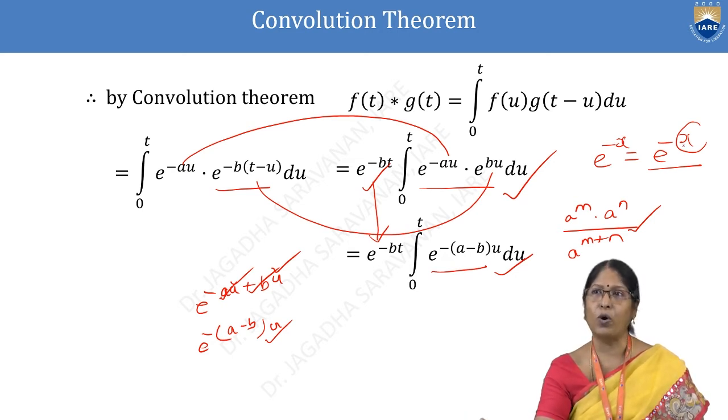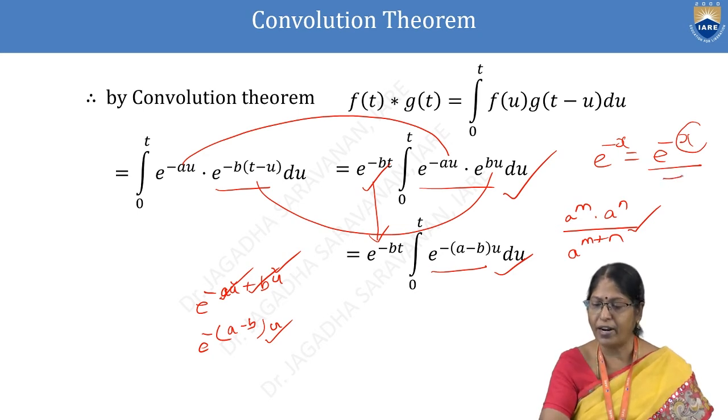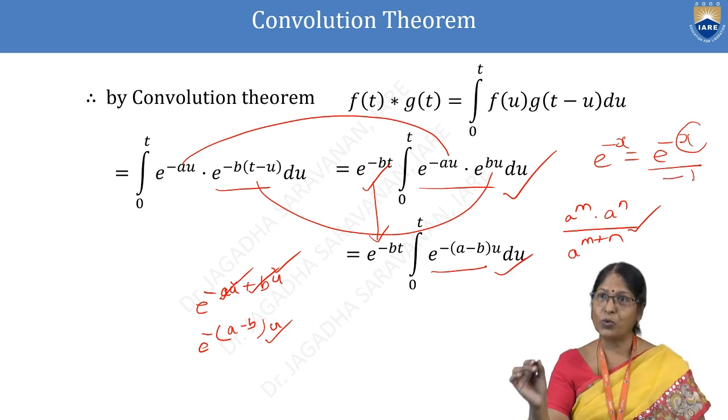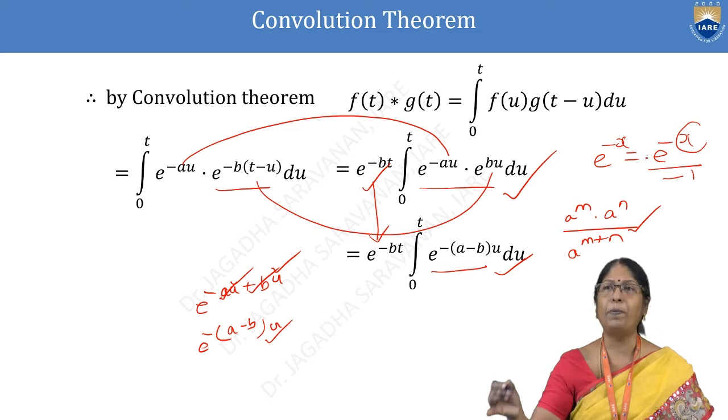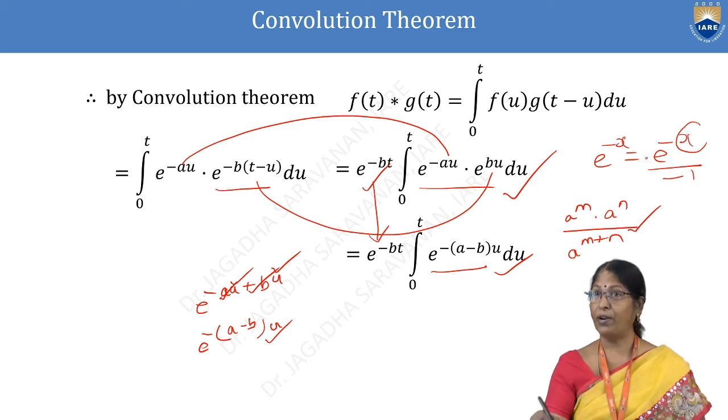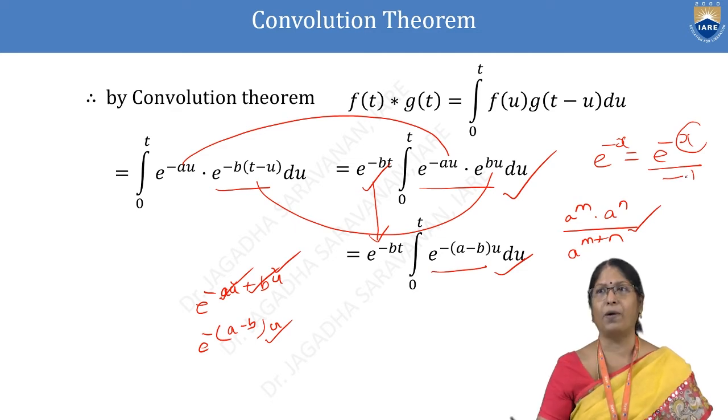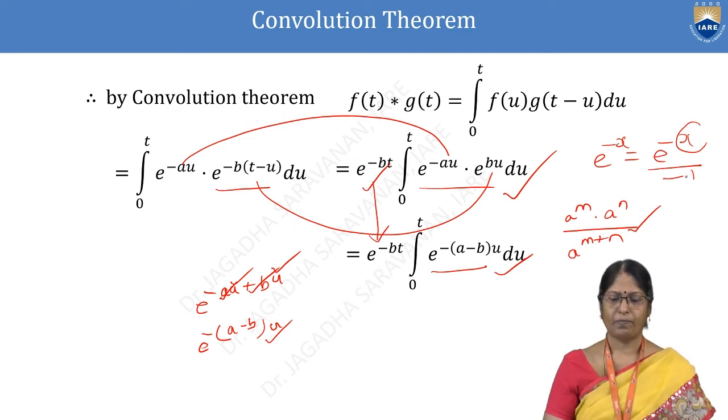Very simple way: leave x, and take the coefficient of x, here minus 1, and divide by minus 1. That is the difference between integration and differentiation. If it is differentiation, we multiply by the coefficient, but we are doing integration, so we divide by minus 1.